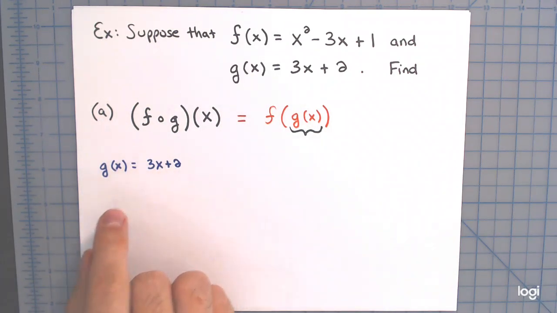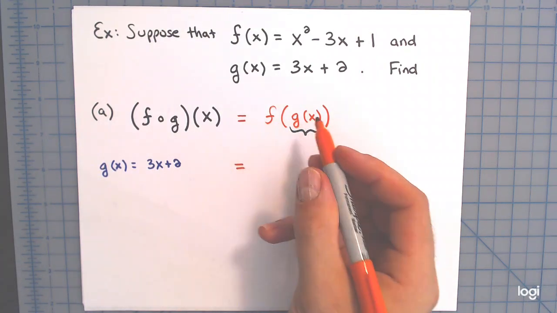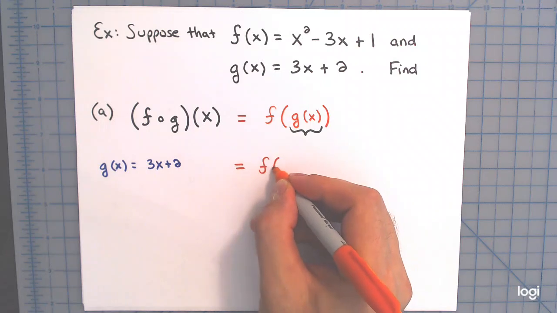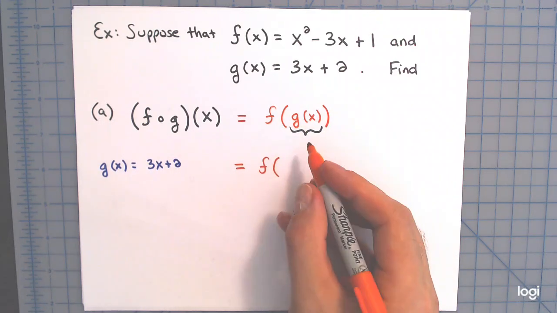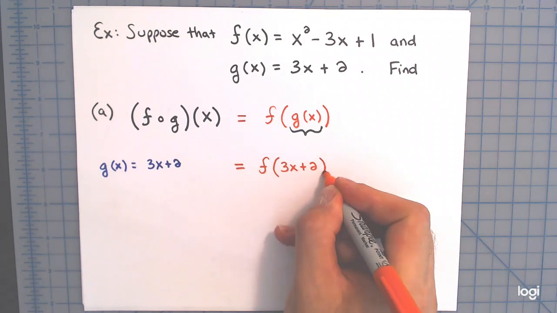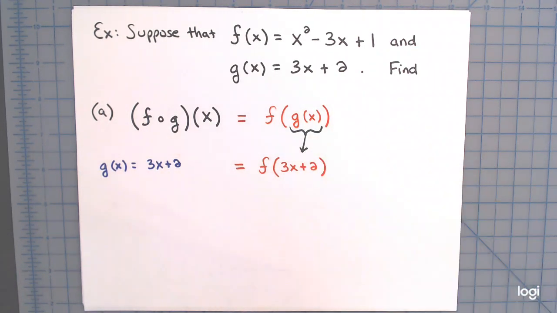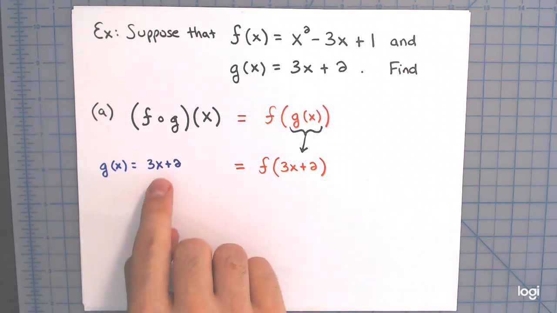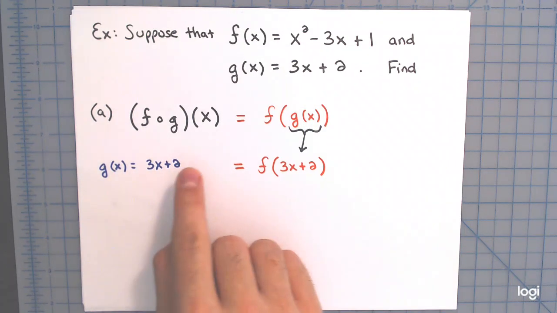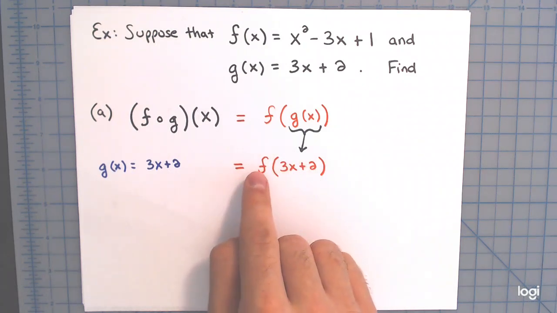I don't know what x is. So this will be equal to the value of f at g of x, which, as we just said, was 3 times x plus 2. All right, and then what I'm doing is taking 3x plus 2, which is now the input for f.